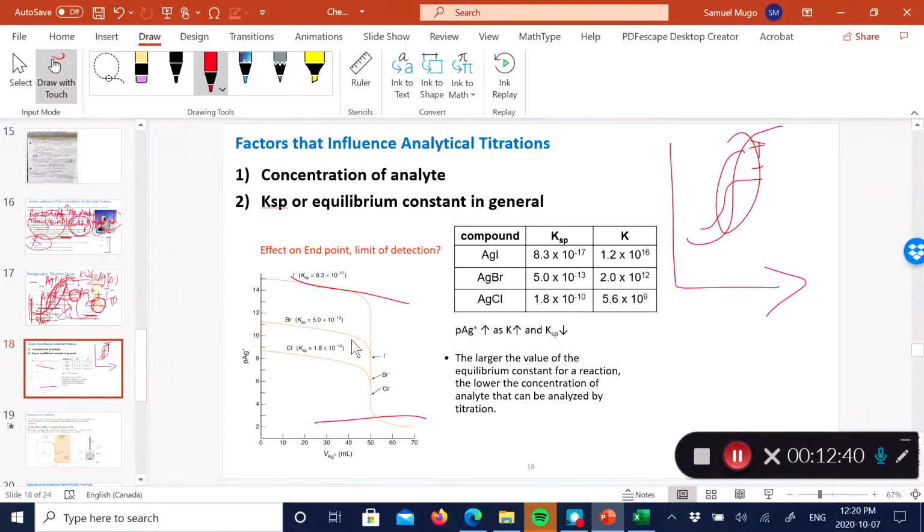Similarly, if the KSP is larger, for example for the chloride compared to the iodide, the inflection point is fairly smaller compared to the iodide. So there's another huge factor that determines analytical titration, and that is the KSP. I hope it's clear. The smaller the KSP, the bigger the equilibrium constant, the sharper the end point.